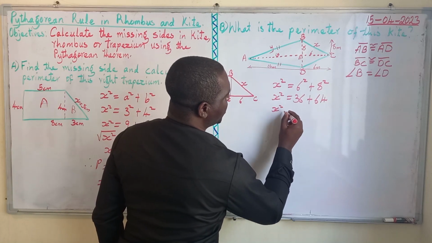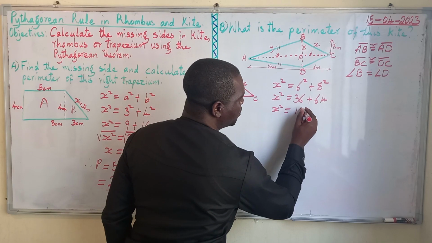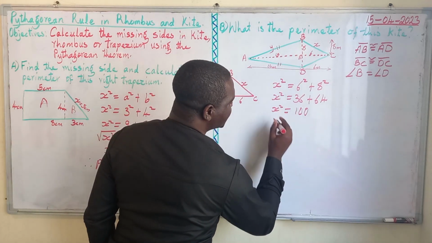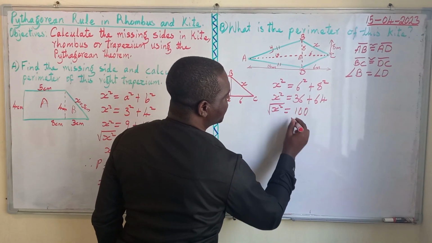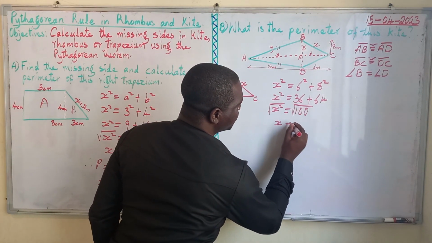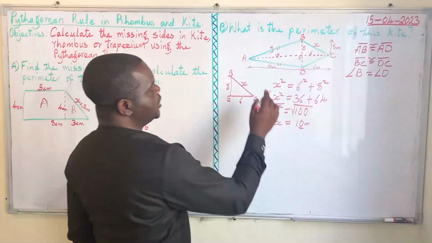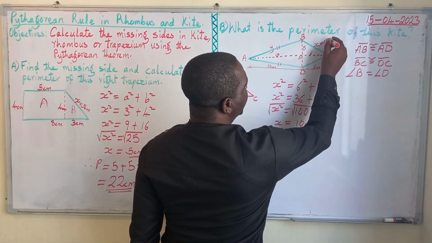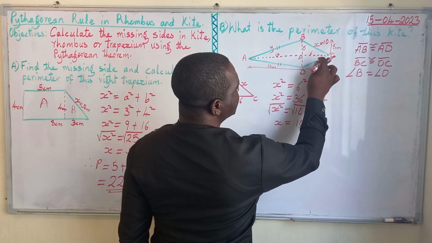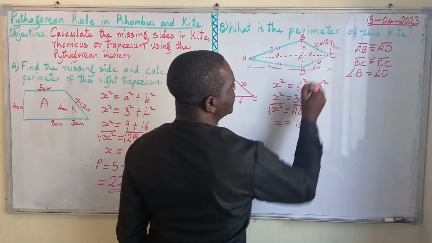X squared is equal to 36 plus 64, which gives us 100. And to find x, we simply find the square root of this and the square root of this, so that x will be equal to the square root of 100, which is 10 meters. So x is equal to 10. And if x is 10, then this side also should be 10, because this line and this are equal.